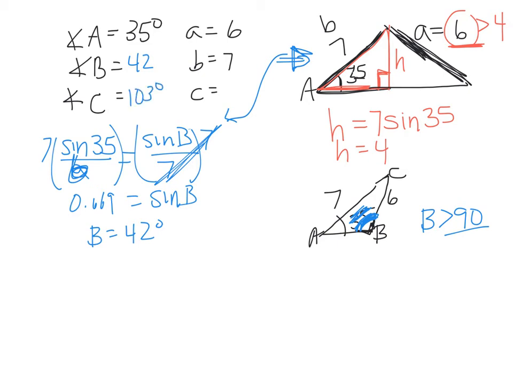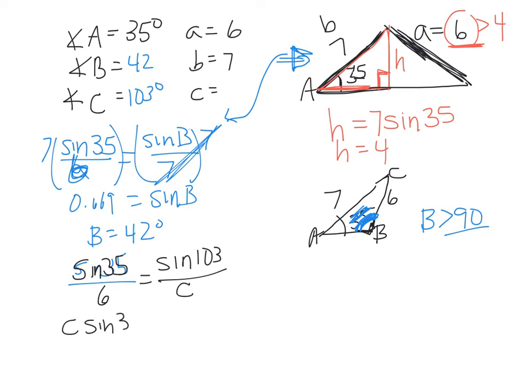And we can find side C. So these are all for the big triangle here. So side C, sine of A, sine of 35 over A is going to equal sine of 103, that's the sine C over C. Cross multiply, and you get C times the sine of 35 equals 6 times the sine of 103.